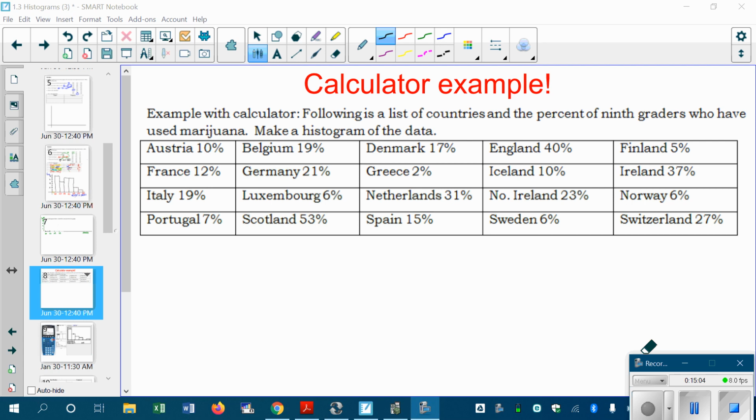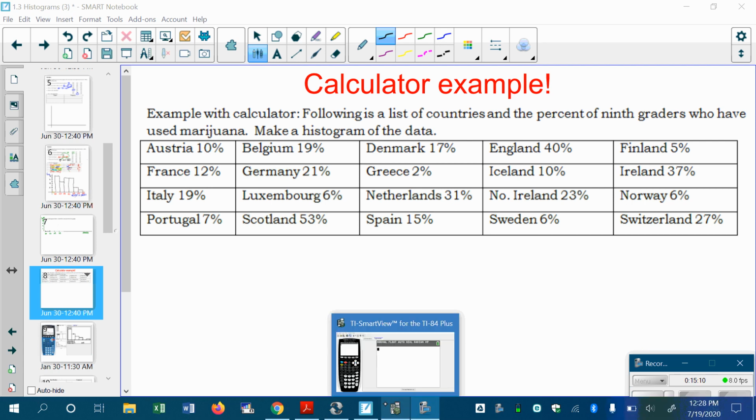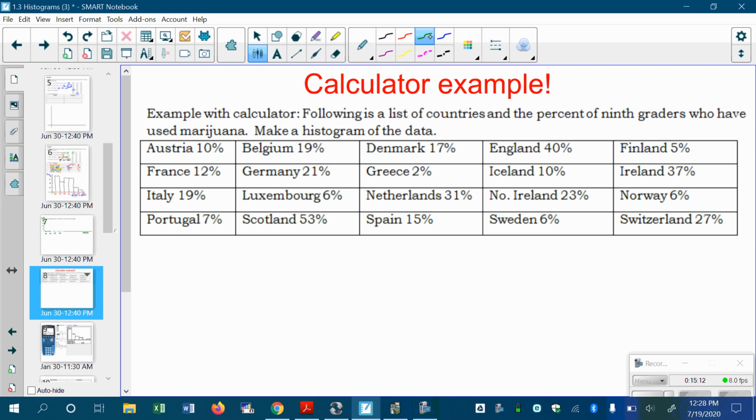So what I'd like you to do is to have your calculator, and you're going to enter this data. Now, something that sometimes causes problems is that people will look at a table like this and they will say, oh, here's list 1, here's list 2, here's list 3, and that is wrong. Do you know why? How many variables are represented here? Just the one.